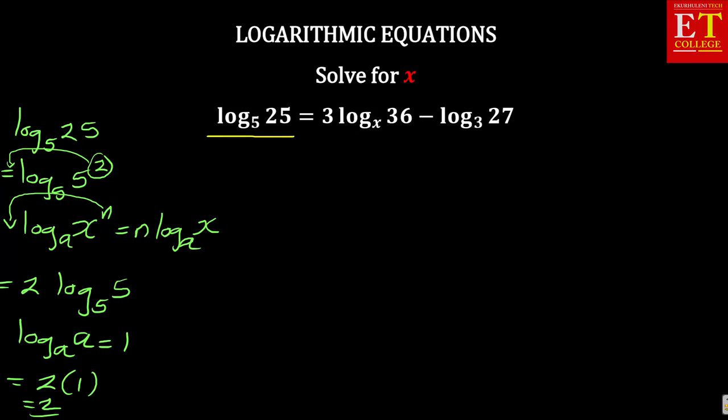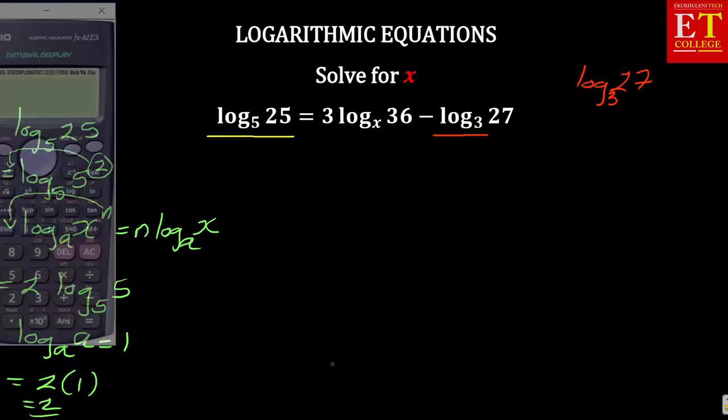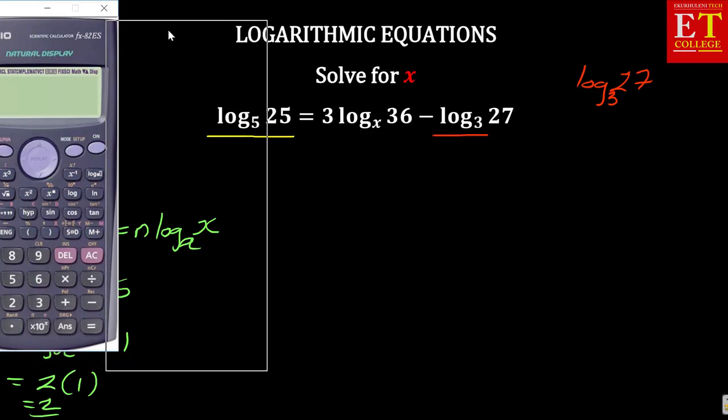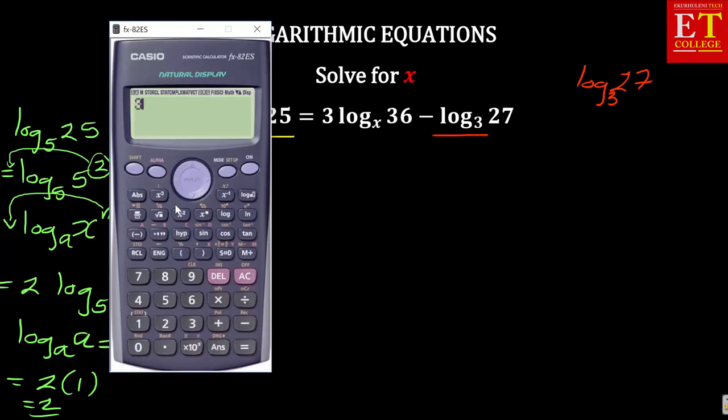Now, if you play around with log base 3 of 27, let me do it this size, log base 3 of 27. If you look at this one, again, it's similar to the log base 5 of 25. What is 27? If I take my calculator, you see 27 is 3 to the power of 3. If you say 3 to the power of 3, what do you get? You get 27.